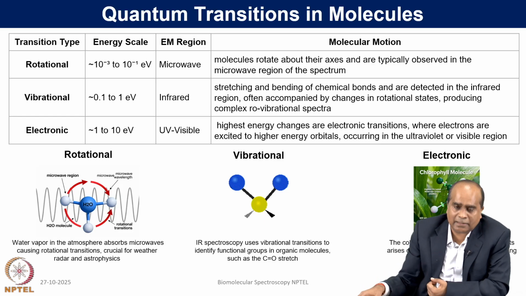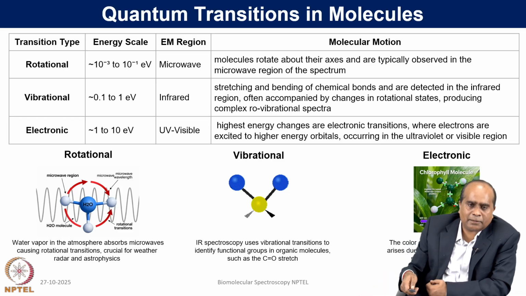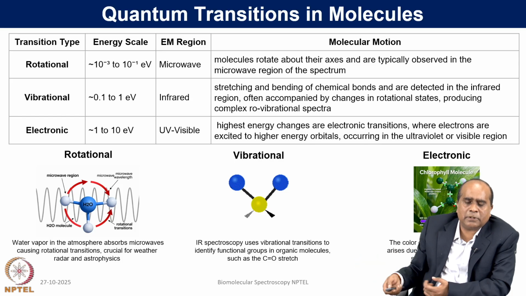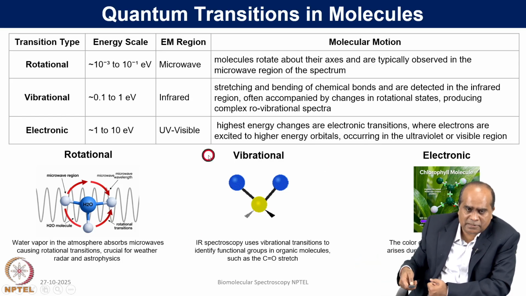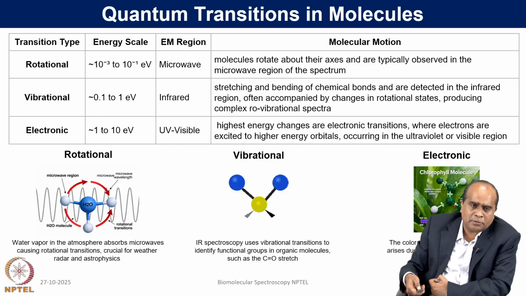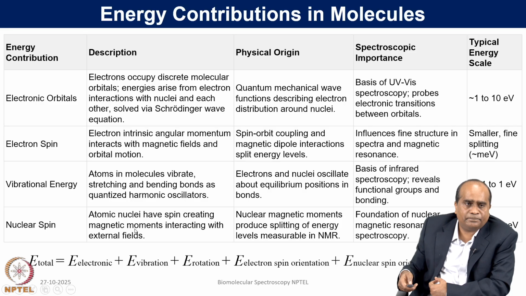If you go to the Ajanta and Ellora caves and you are working in an archaeological department, you will be puzzled to know what kind of dyes they have used, and you can probably use vibrational spectroscopy to identify these dyes, and if you are interested, you can restore those beautiful paintings. So, that is the use of vibrational spectroscopy even in history, restoring history, and rotational, as we discussed, is crucial for weather, radar or astrophysics, right.